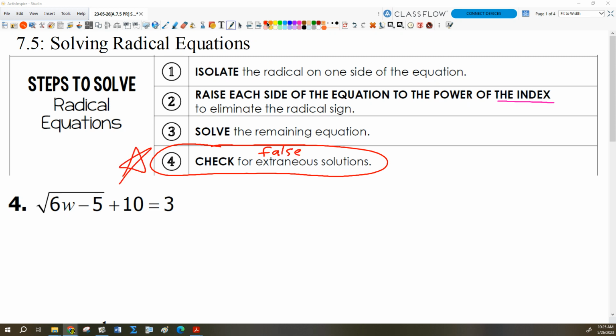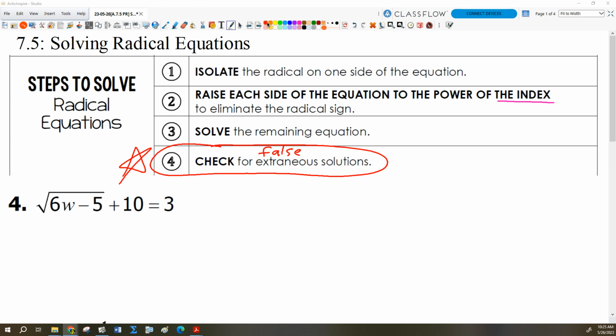When you're solving radical equations, checking the solutions isn't just a good idea, it's essential, because when you take both sides of an equation to a power, you can always introduce these extraneous or false solutions. So you've got to check them all and see which ones are extraneous and which ones are actual solutions.